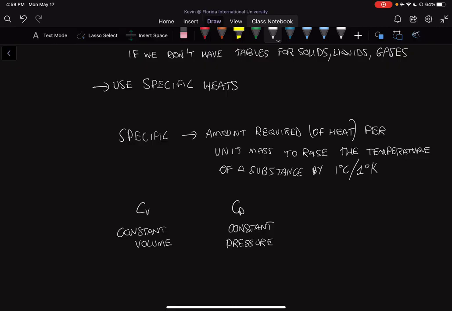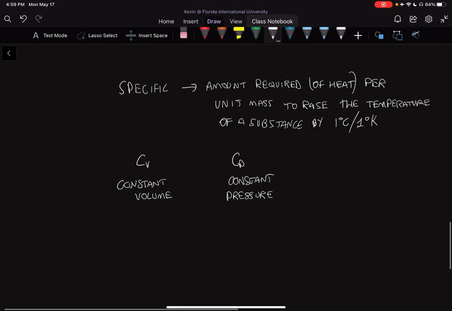Now, to find delta H or delta U, we need to use CP or CV. So just to give you an idea, to find delta H and delta U, we need to find the CV or the CP. So we use CV or CP.